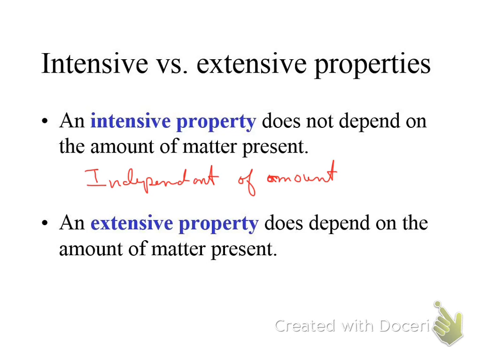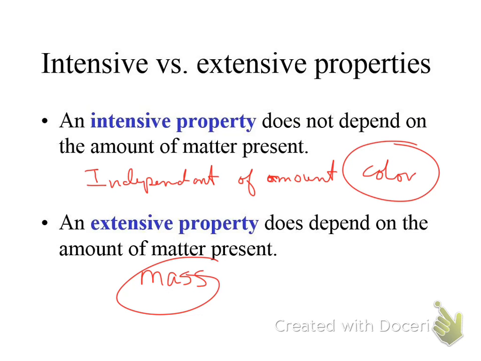If a property of matter is its mass, if I have 1 chair, it might weigh, I don't know, 10 pounds, versus 50 chairs, of course, that'd be 50 pounds. 10 pounds and 50 pounds, those are both properties of those 2 sets of chairs. But they are extensive properties. They do depend upon amount. So color was an example up here, independent of amount.